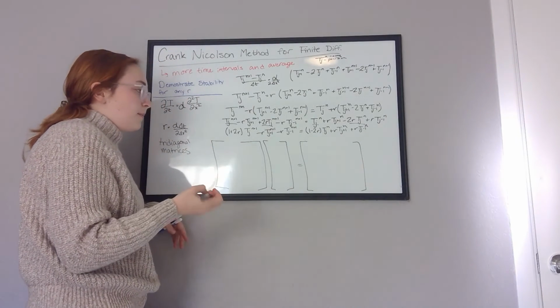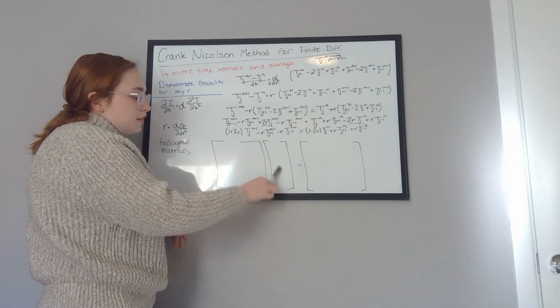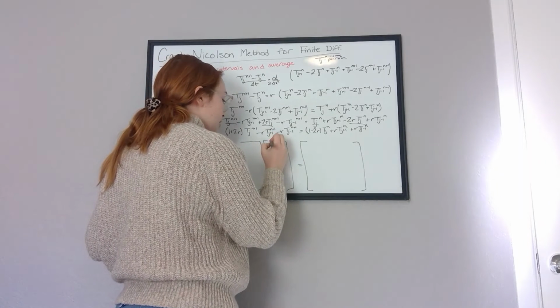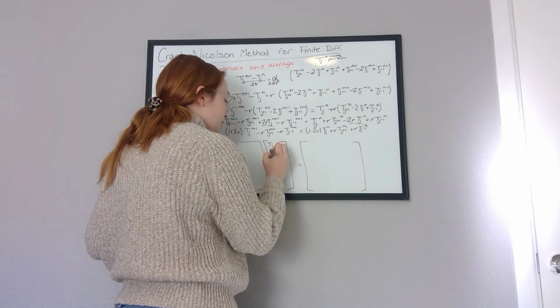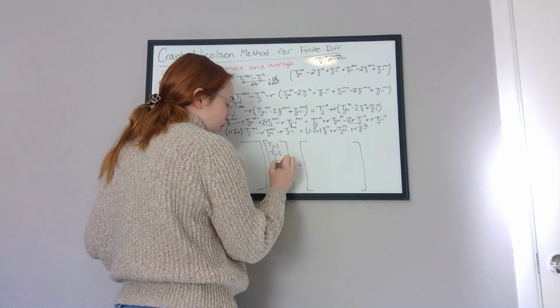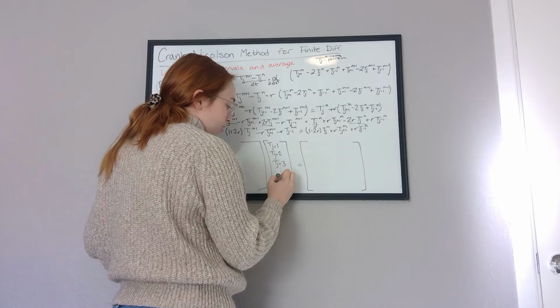To start, this is going to be our T column, so it'll be T at j equals 1, j equals 2, j equals 3, and so on.